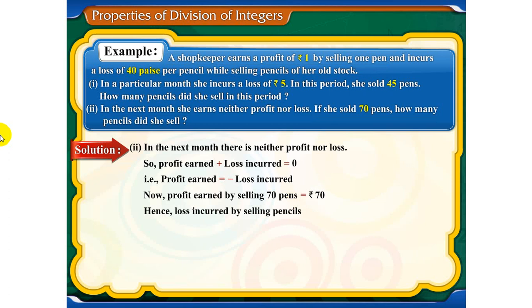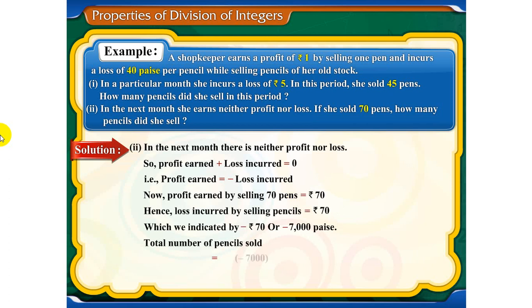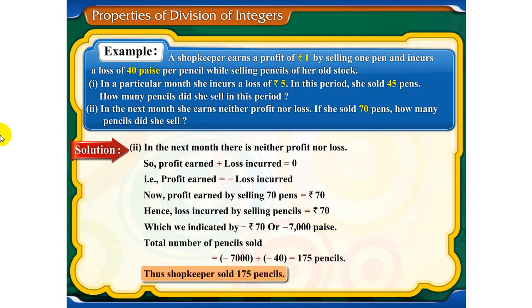Hence, the loss incurred by selling pencils equals 70 rupees, which we indicate by minus 70 rupees or minus 7,000 paise. So the total number of pencils sold equals minus 7,000 divided by minus 40, which equals 175 pencils. Thus, the shopkeeper sold 175 pencils.